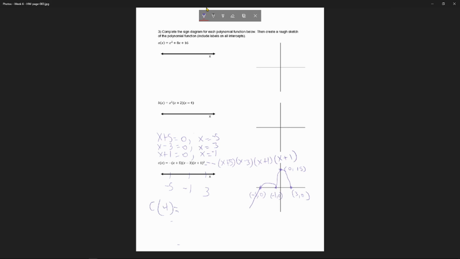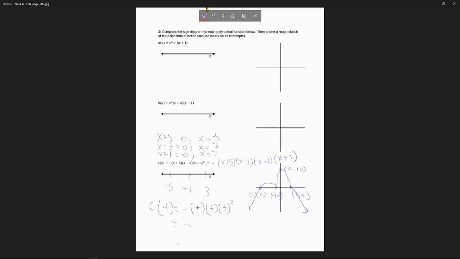We'll have a negative on the outside. 4 plus 5 is going to give us a positive. 4 minus 3 is also positive. And 4 plus 1 would also be positive 5, so that will give us a positive, and that's squared. So all these three terms are going to be positive, but we have this negative here, which will turn the entire thing into a negative number. So we know that the rest of this graph is all negative numbers.